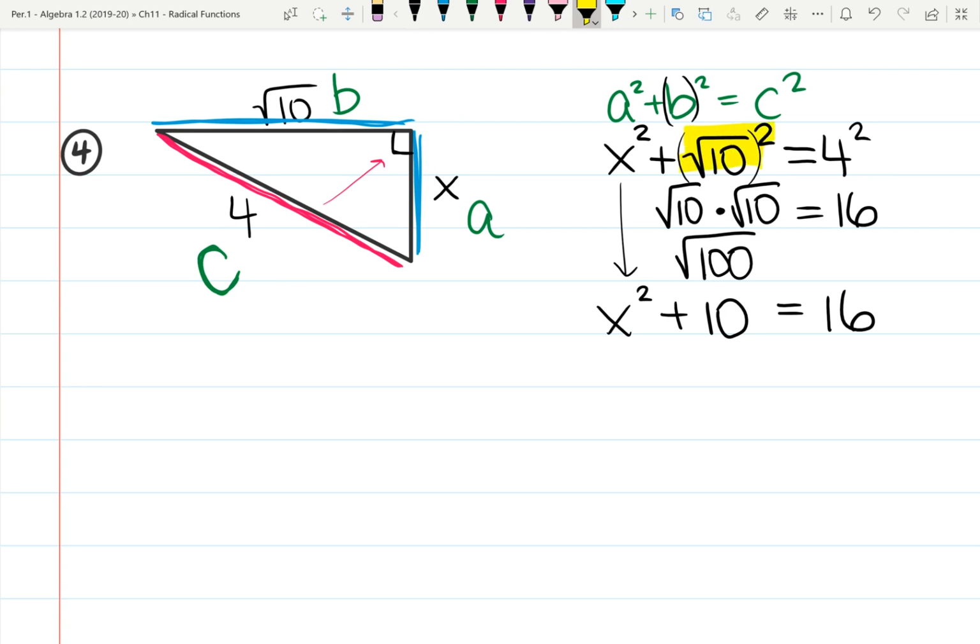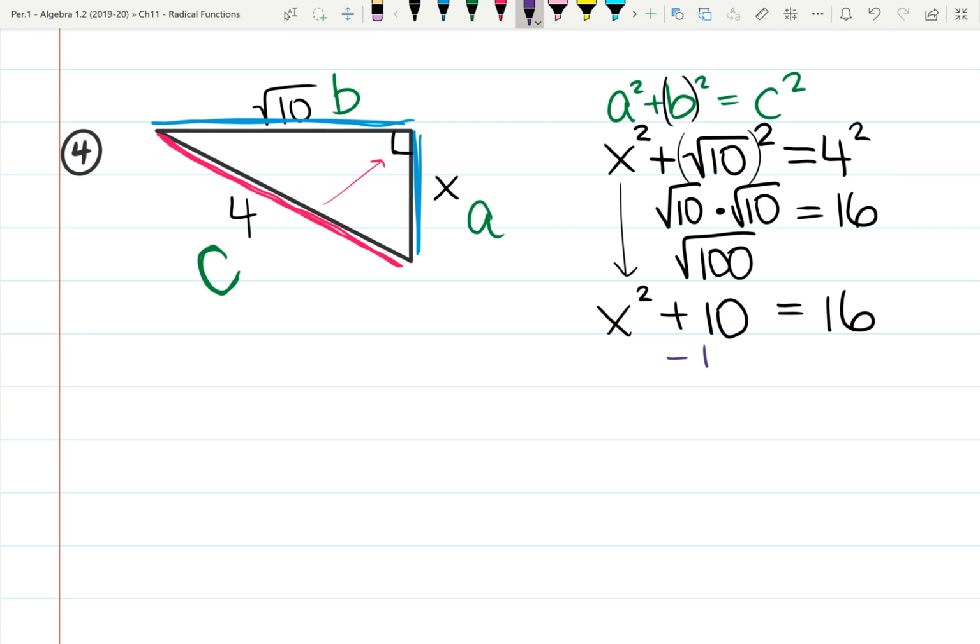The key here is you need to make sure you're following your rules for radicals and being careful with your work. Squared means you multiply it by itself. 10 times 10 is 100, and that's a perfect square. So the square root of 100 is just 10. It's kind of nice, right? It reduces down to that. Now I'm going to continue solving it just like we did above.